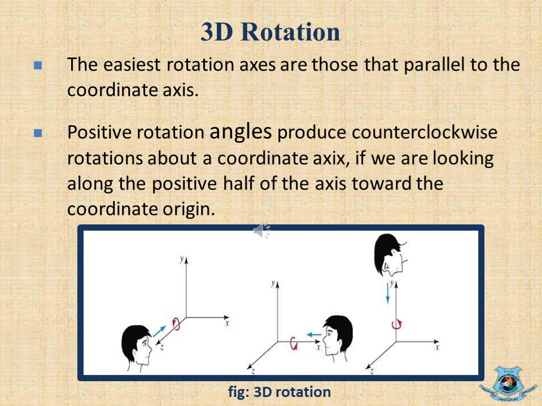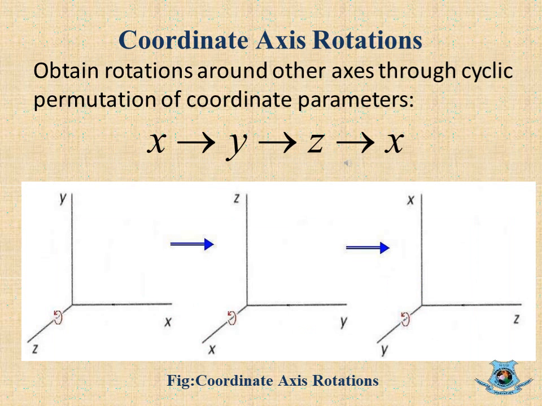Let the initial coordinates of the object O be x old, y old and z old. The initial angle of the object O with respect to the origin is phi and the rotation angle is theta. Then the new coordinates of the object O after the rotation are x new, y new and z new.